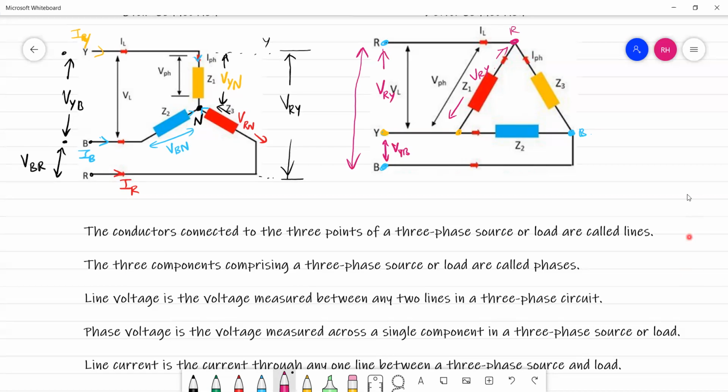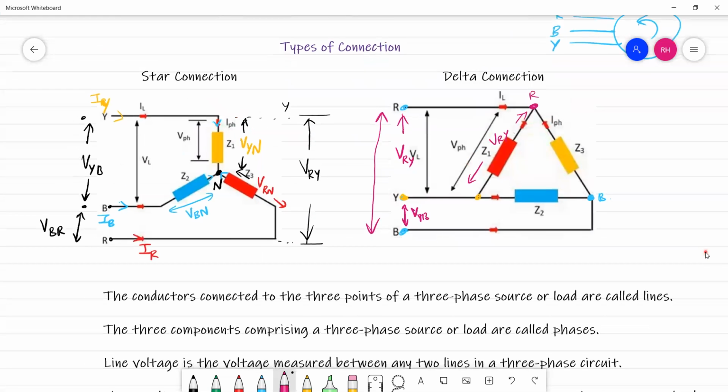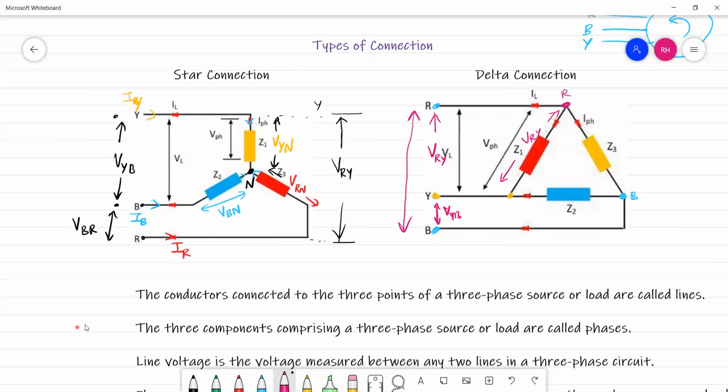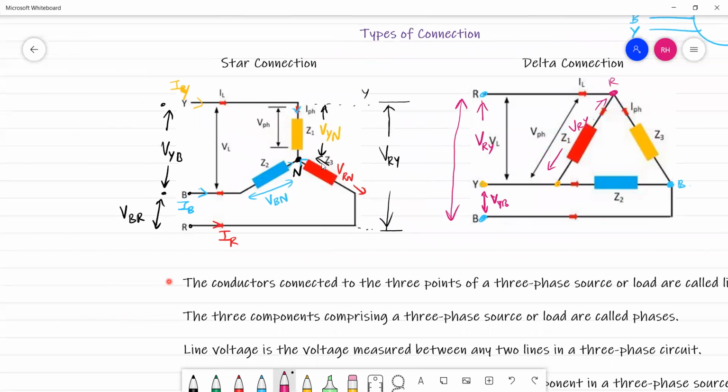Now let me talk about what is star connection and what is delta connection. So there are three different components. Three components are there for every three-phase source and load, right? And we call them phases. And these three components are connected in such a way that you have one common point for all the components. Then that's a star connection.